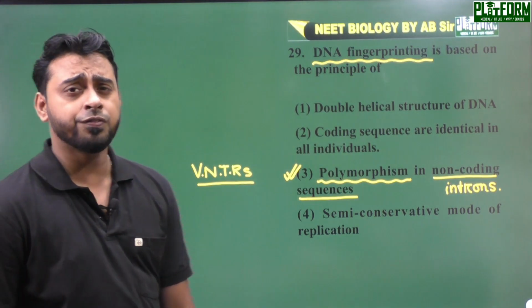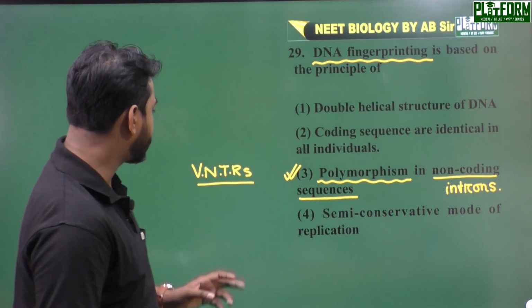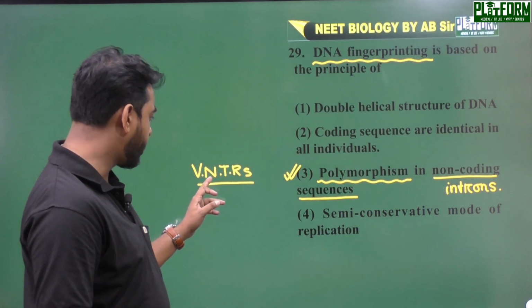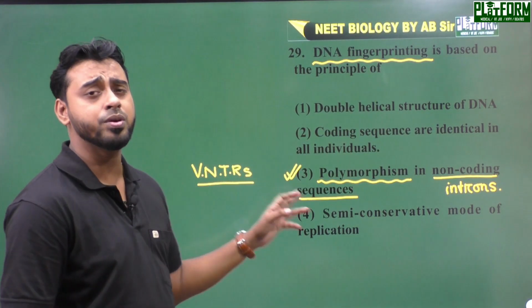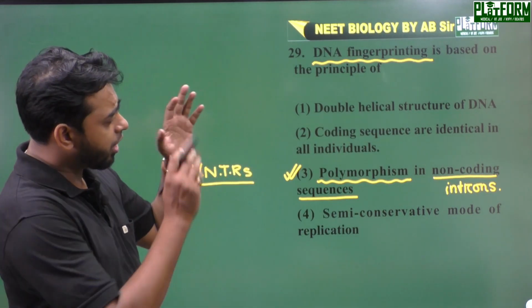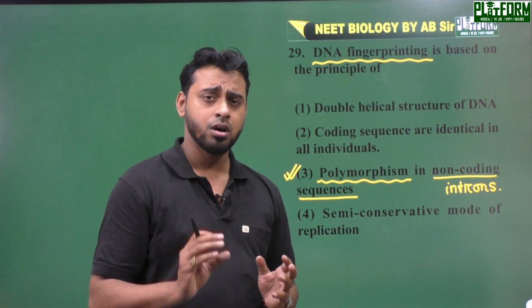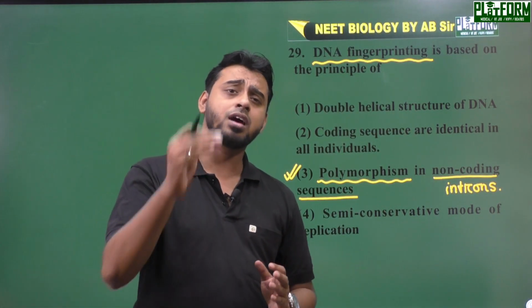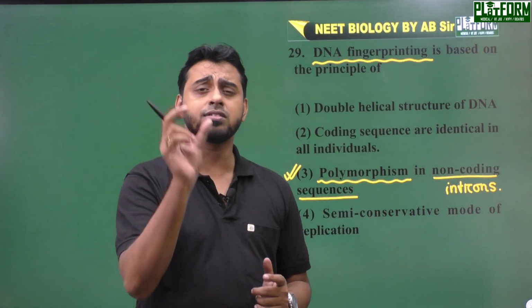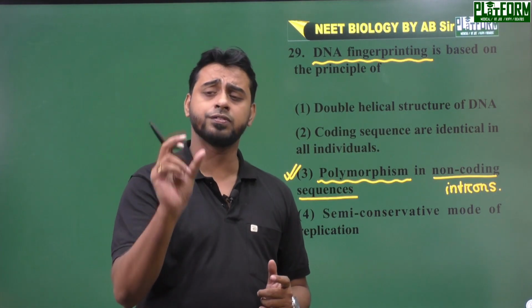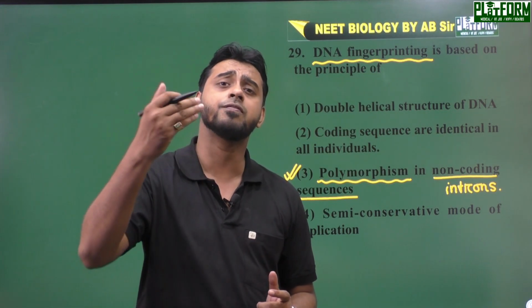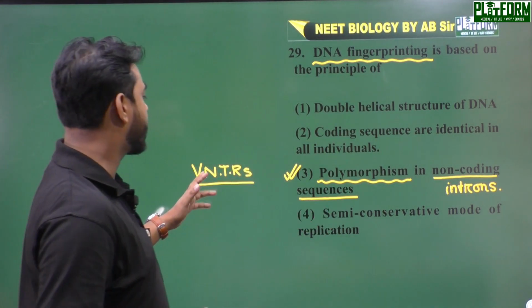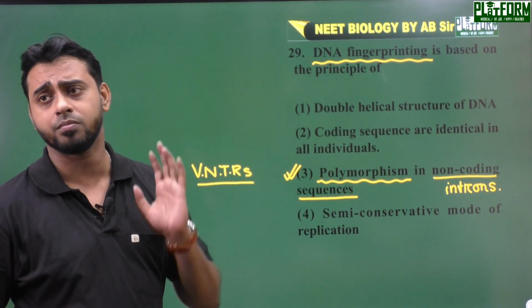What is the meaning of the VNTRs? VNTRs means variable number of tandem repeats. Fine. So, a part of the intron where we can see there is a repetition, and if the size of the repetition varies, then it is known as a variable number of tandem repeat.